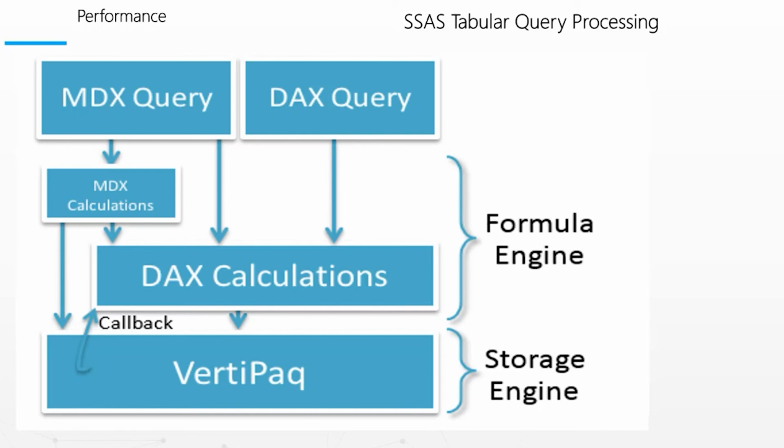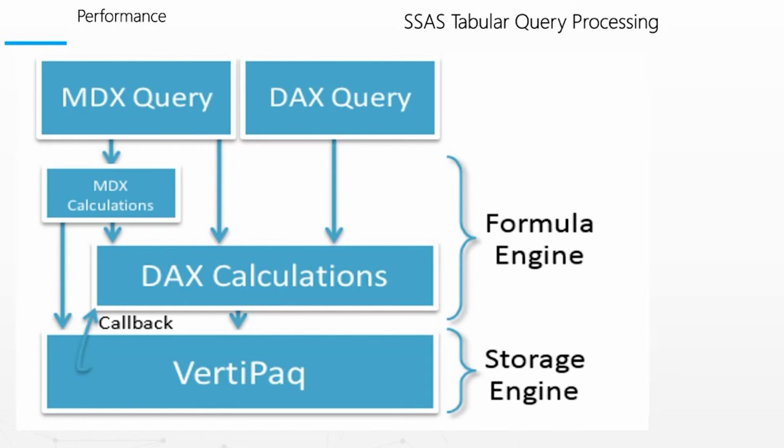Some very simple operations such as filters, sums, multiplication, and division can also be pushed down into the storage engine, allowing queries that use these calculations to run multi-threaded. The formula engine commonly runs several VertiPaq storage engine scans, materializes the query results in memory, joins the results together, and applies further calculations.